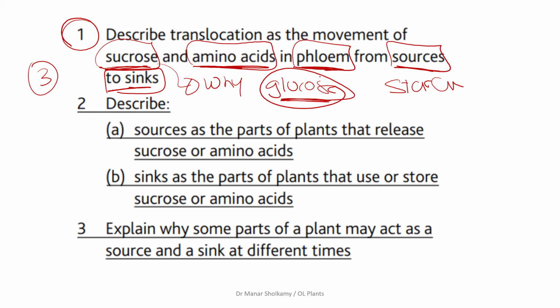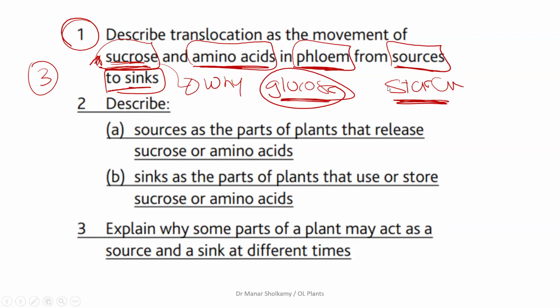So glucose is converted immediately into sucrose. And in the transport, we always transport carbohydrates as sucrose. And when we store carbohydrates, we store them as what? Starch. That is why you cannot say it's the movement of carbohydrates, even though you think that the mistake is very innocent, but they will not accept it.